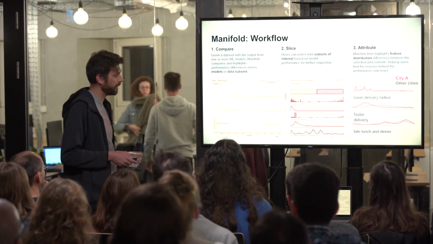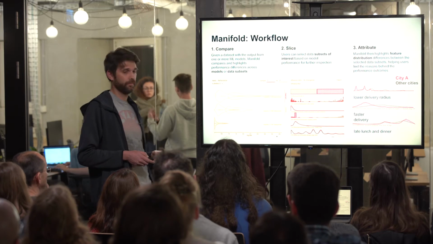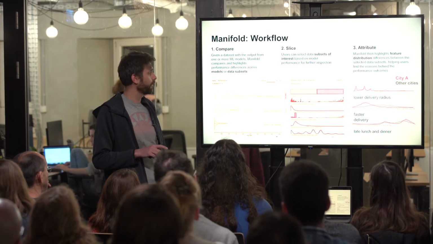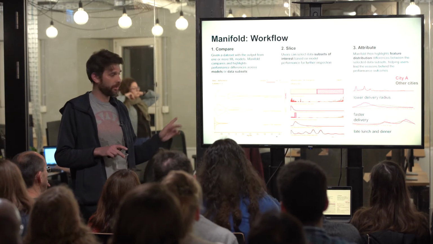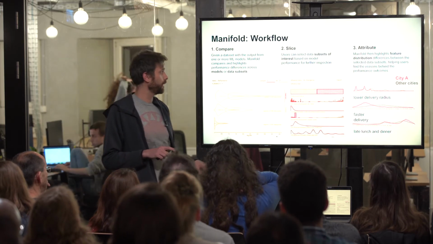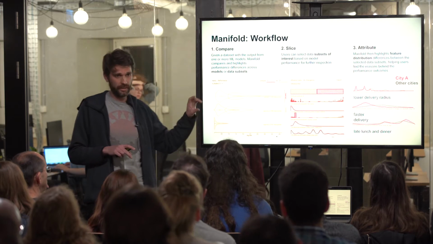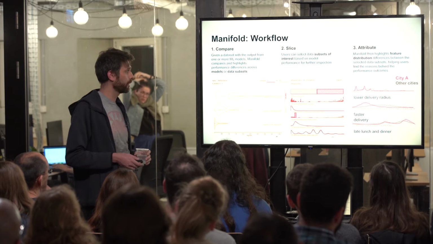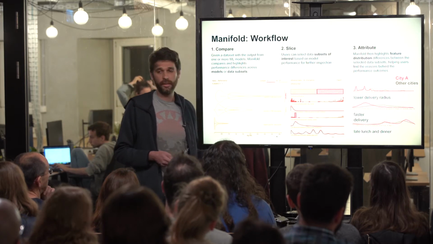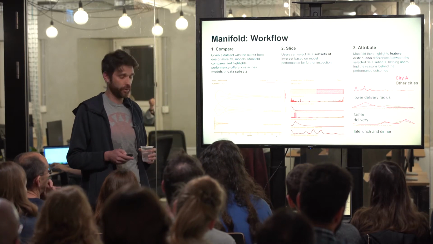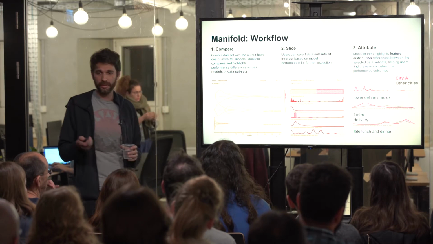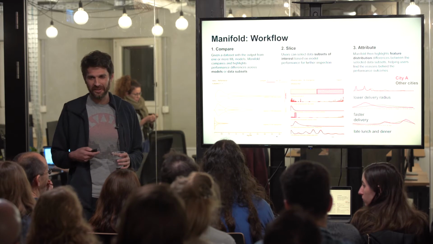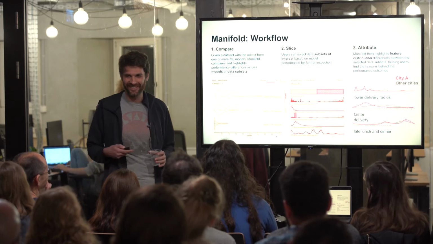OK, so the three main parts of the Manifold workflow are being able to compare performance, and I'll get into more detail on each one of them, to slice the data sets into interesting groups, and then to attribute the differences to various features. By the way, Nastya, I welcome you to give some comments about the application of the right principles in their visualizations.